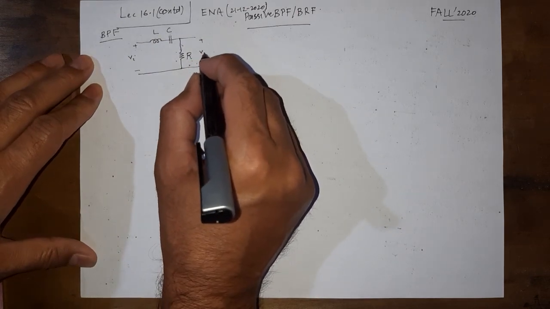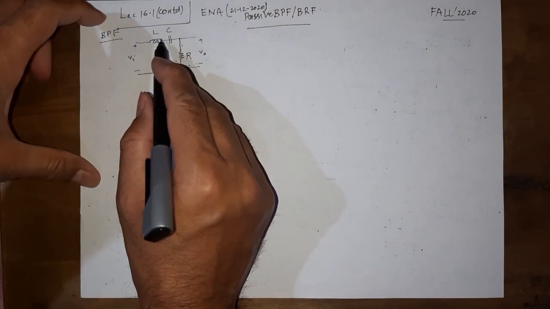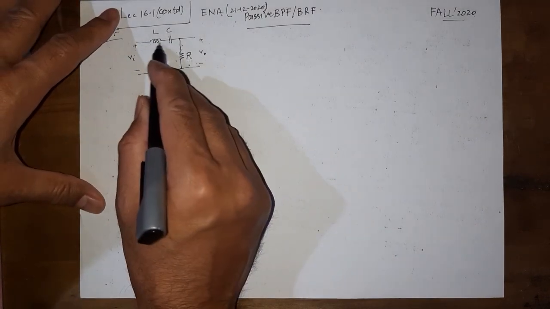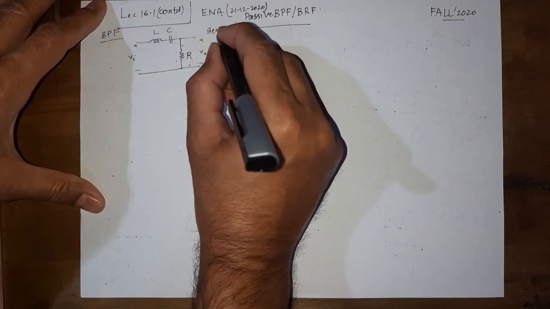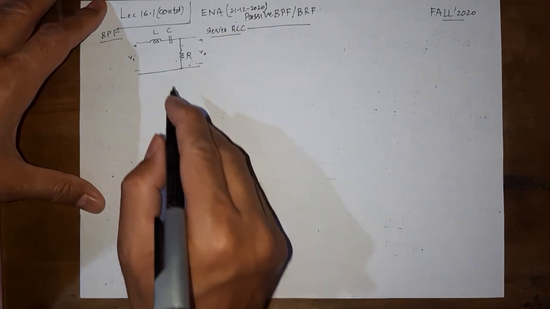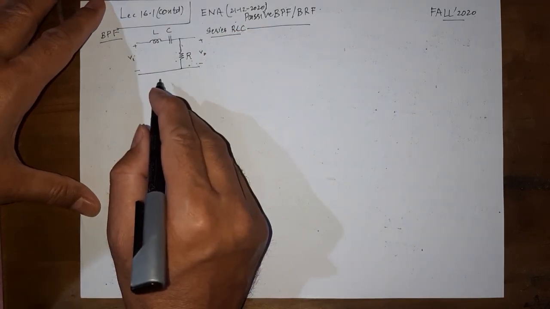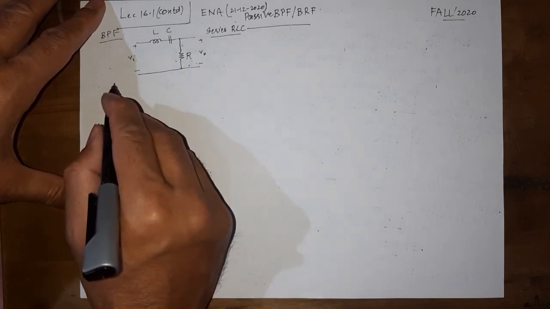The output is across R, the input is here, and this L and C are together, and all these are in series. That is why this is called a series RLC circuit. So with the way I have told you how to analyze a circuit for extreme values, let us just do the same here.